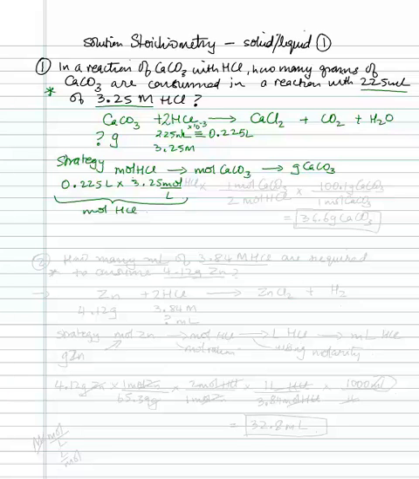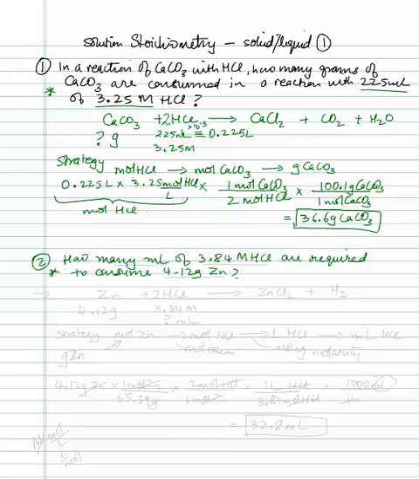And then we multiply that by the mole ratio from our equation: 2 moles of HCl requires 1 mole of calcium carbonate, and then in 1 mole of calcium carbonate we have 100.1 grams of calcium carbonate. Okay, and that gives us 36.6 grams of calcium carbonate. It's as simple as that. Nothing much to it.